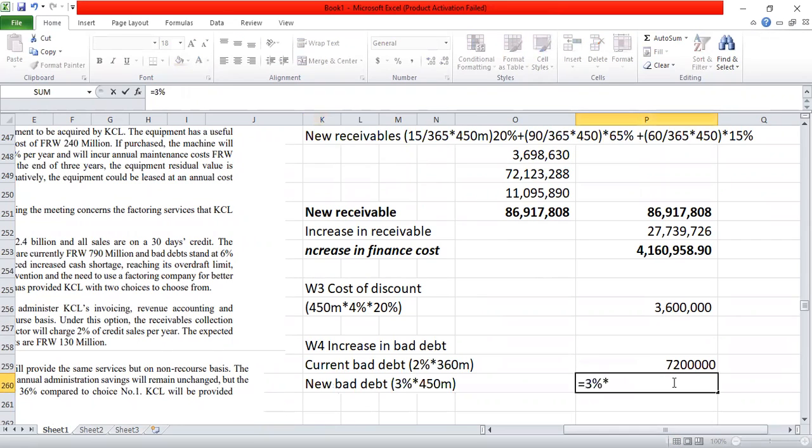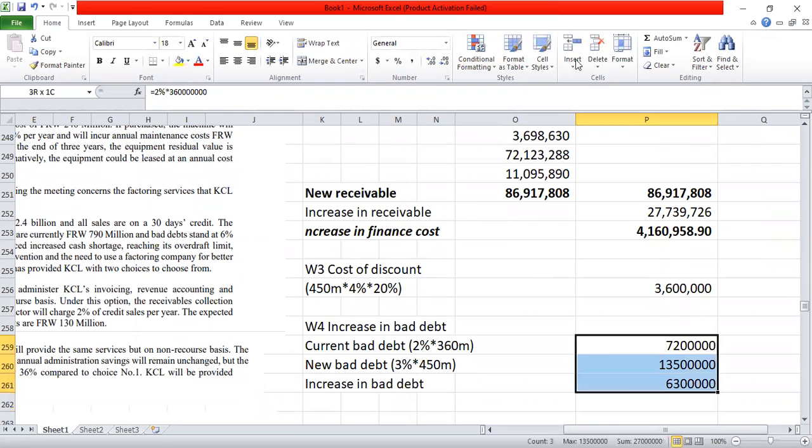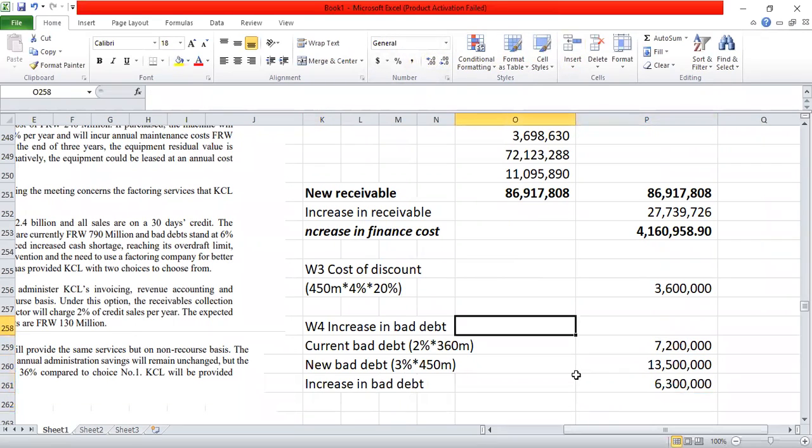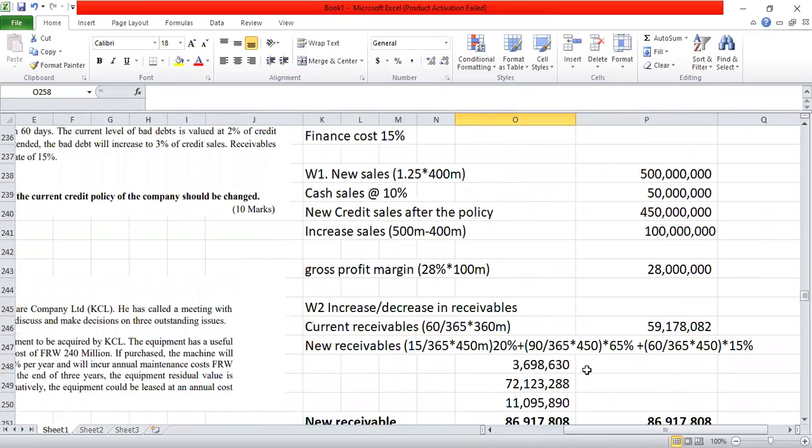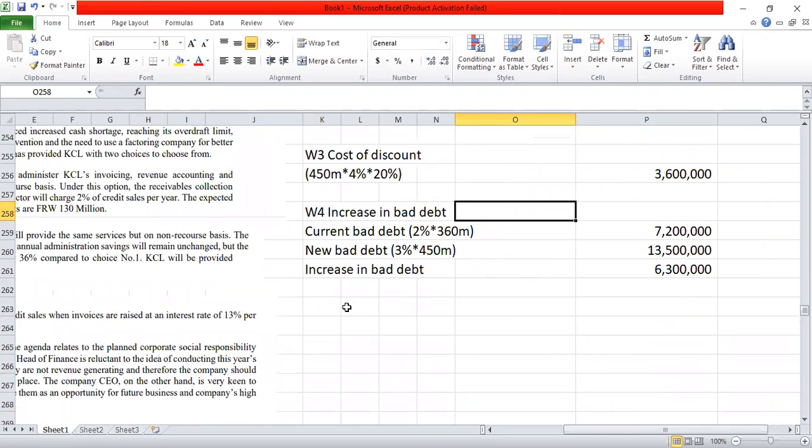So the increase in bad debt will be this minus this. That is the increase in the bad debt after the policy. I think what is remaining is to arrange the data.